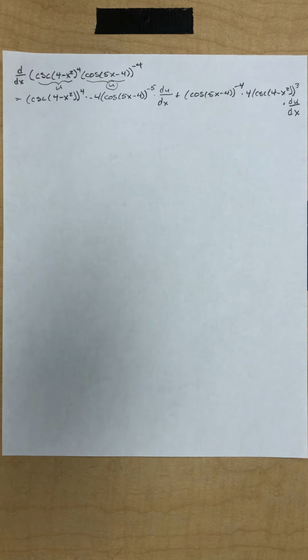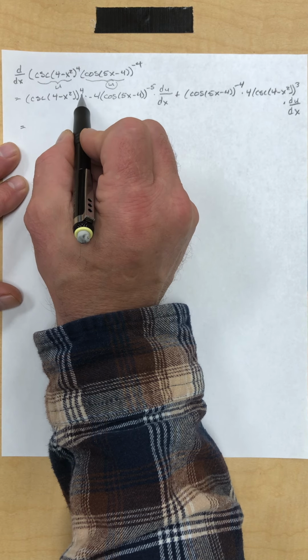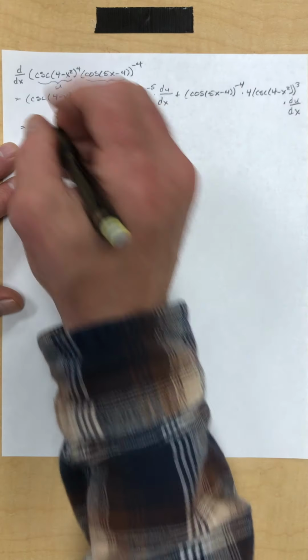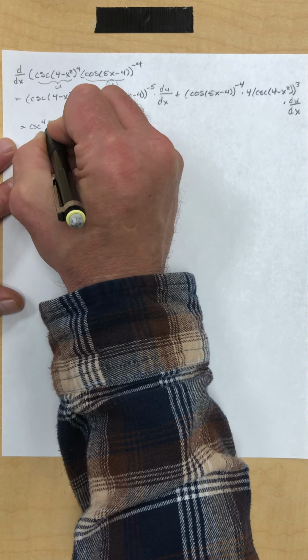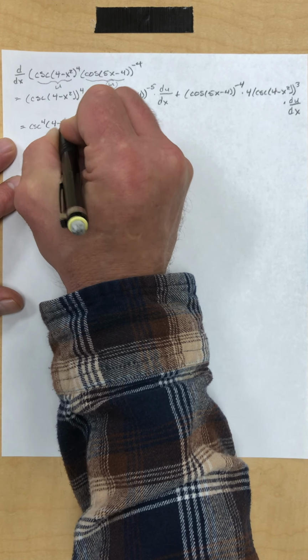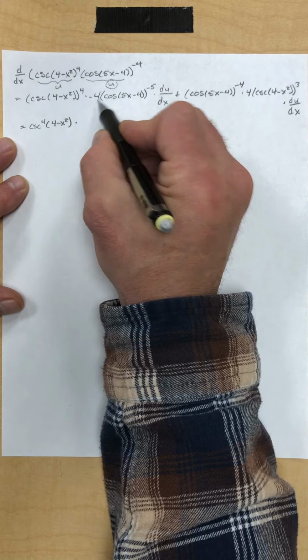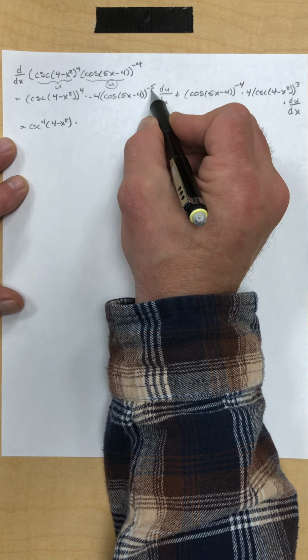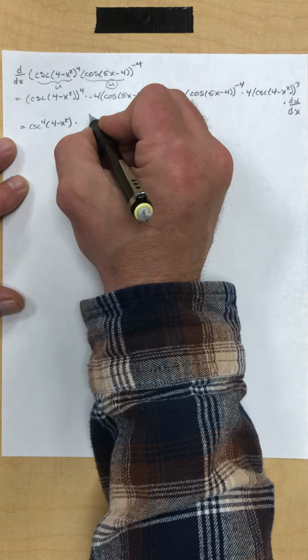All right, so I'm going to start cleaning some stuff up, and then I still got to deal with du dx's. This guy right here, I'm going to get rid of that outside set of parentheses, and I'll write that as cosecant to the 4th of 4 minus x squared. This guy right here, I have a negative 4, and this whole thing is to the negative 5th power, so I can move that down below and make it to the 5th power.